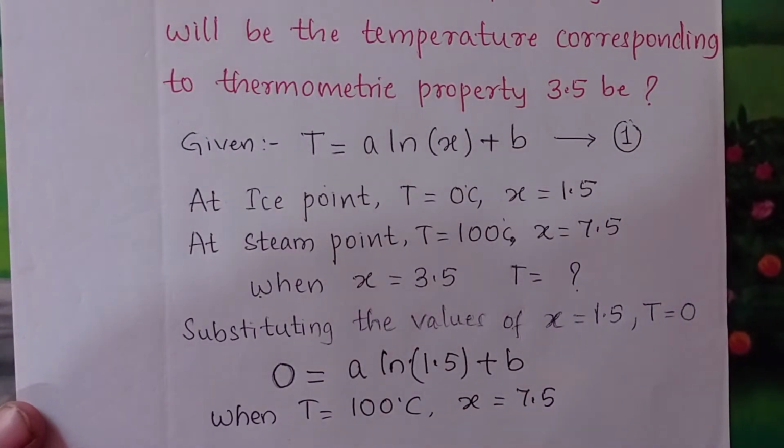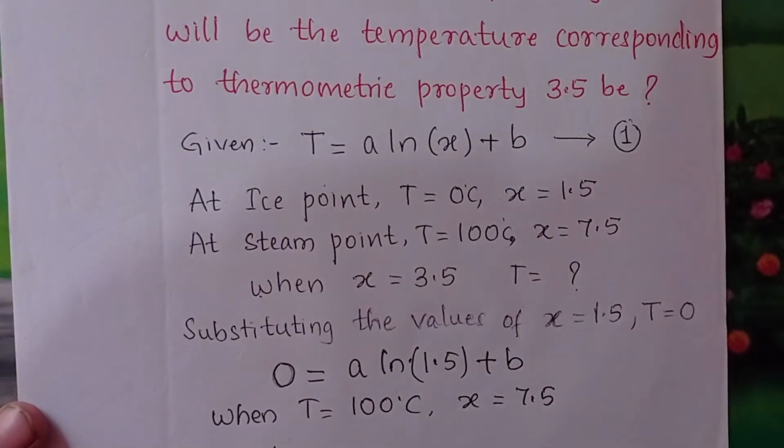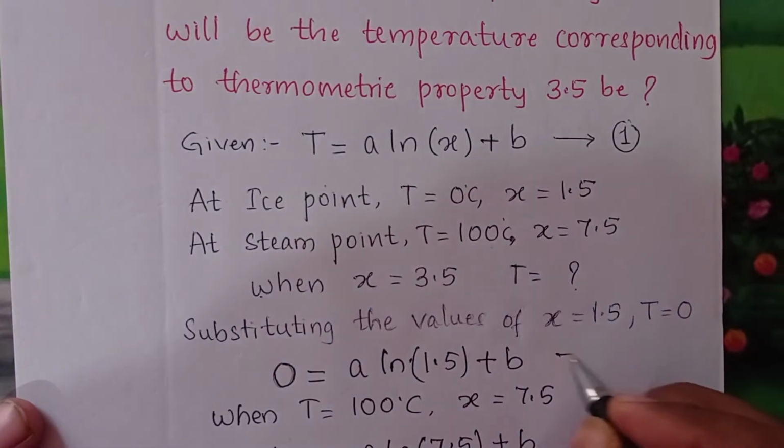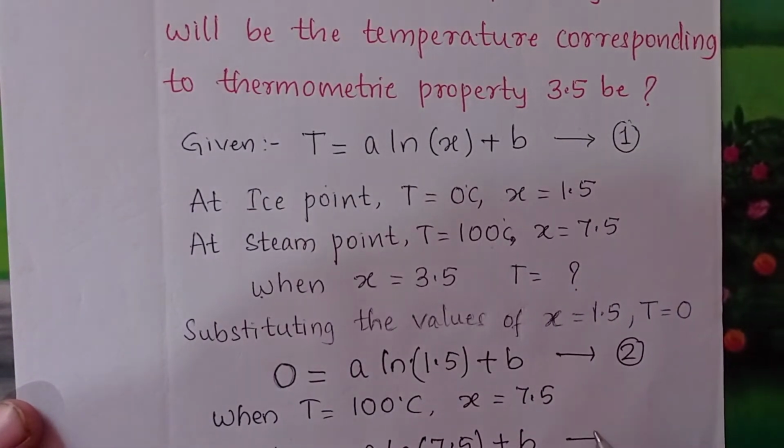If I substitute that, what do I get? 100 will be equal to A ln 7.5 plus B. So this is equation 2, this is equation 3.